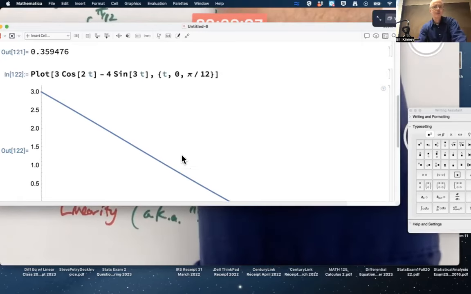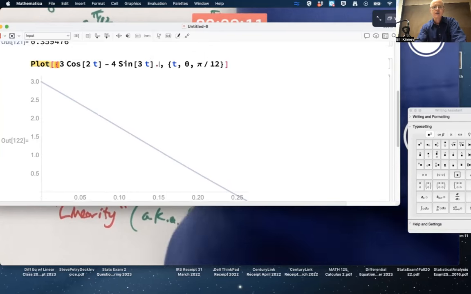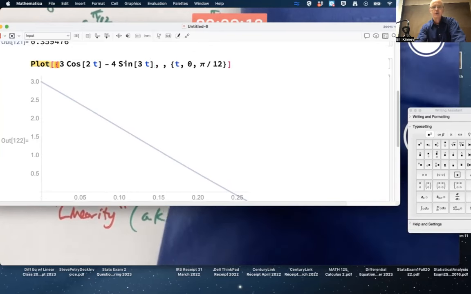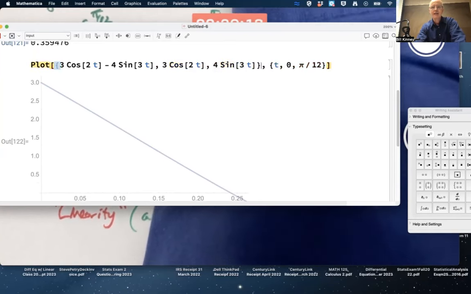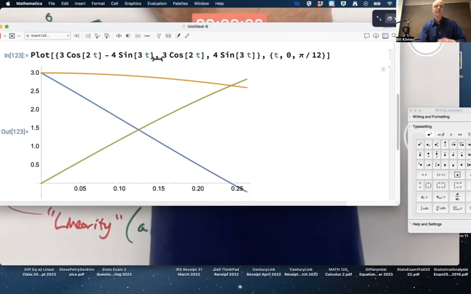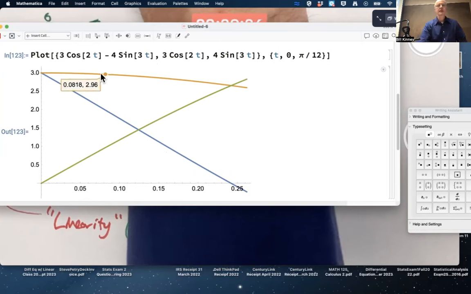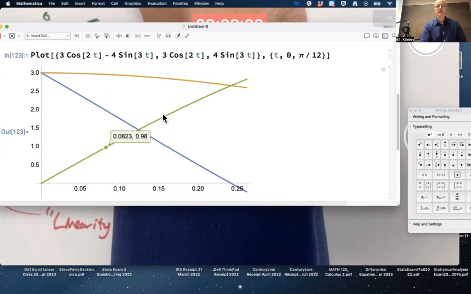I should also mention that you can plot each function, 3 cos 2t and 4 sine 3t, that you were subtracting here individually. 3 cos 2t is the orangish colored graph up here. 4 sine 3t is this green graph here.